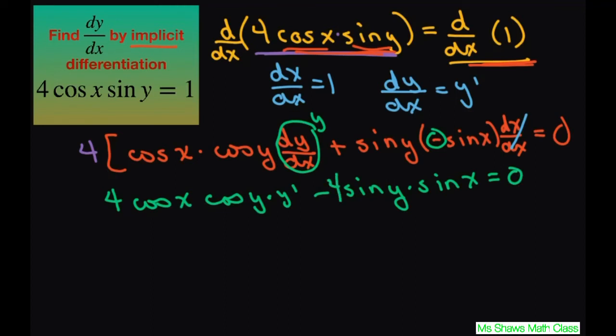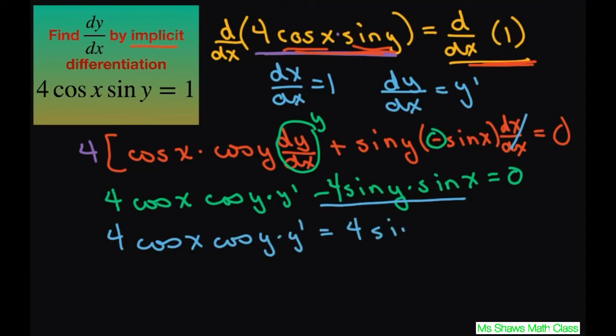All right, now that you do that, we're going to group our y primes together. So I'm going to move this over to the right-hand side of the equation. Now let's go ahead and divide both sides by this to isolate our derivative.